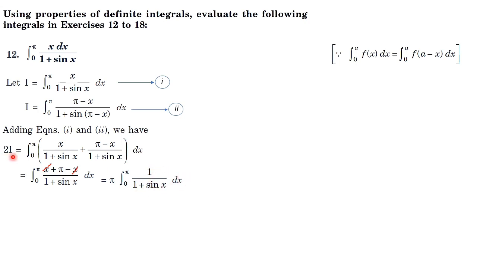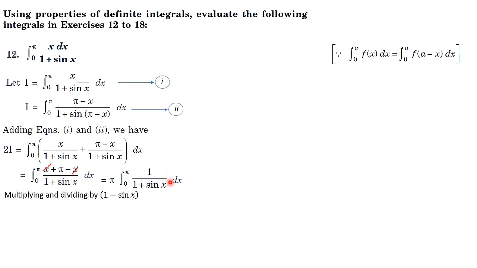So this is 2I. From here we can calculate I. When we calculate I, this 2 will come to the denominator, so that will be pi by 2. That step I am not writing, we will do it along with the next step. Here 1 by 1 plus sin x is not in our known format, so again we have to change it. The conjugate of 1 plus sin x is 1 minus sin x.